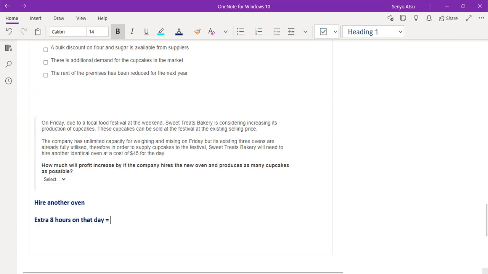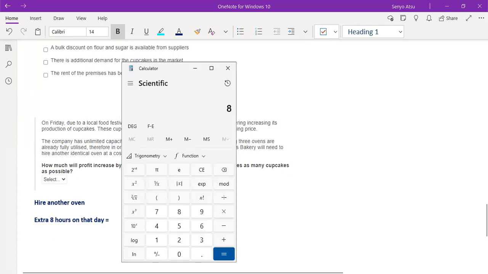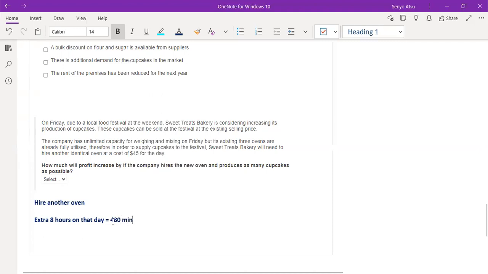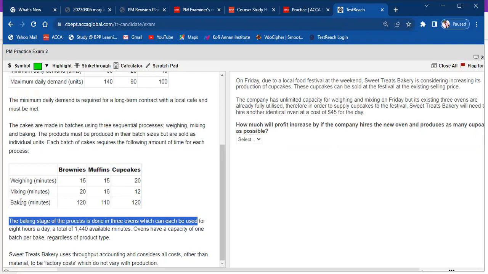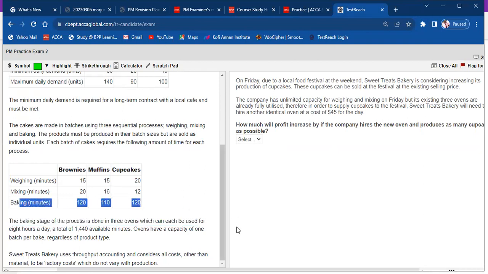Where's my calculator? Sometimes it's right in front of your face, but because you are doing a lot of work, 8 times 60, that's 480 minutes. We are talking about cupcakes. Cupcakes in the oven require 120 minutes.